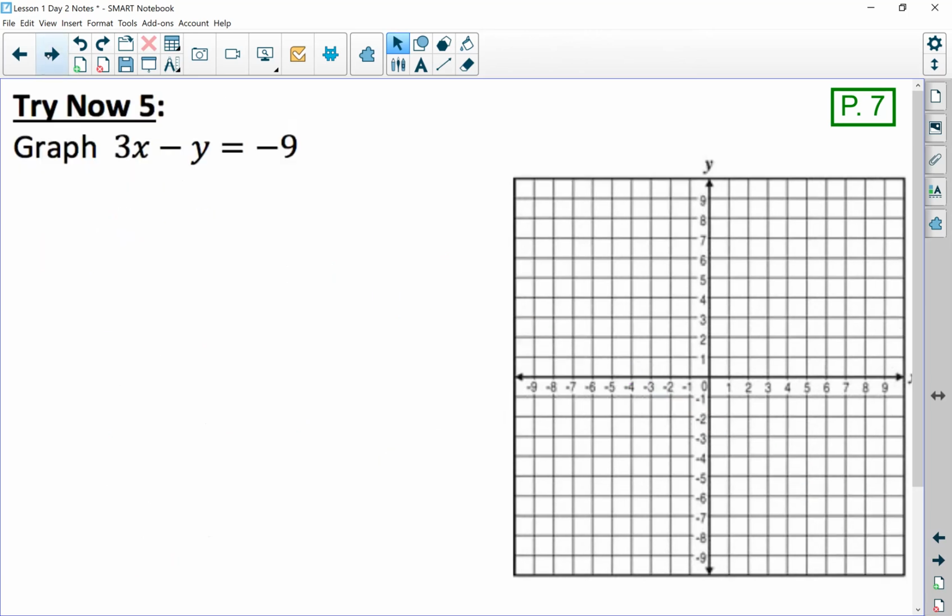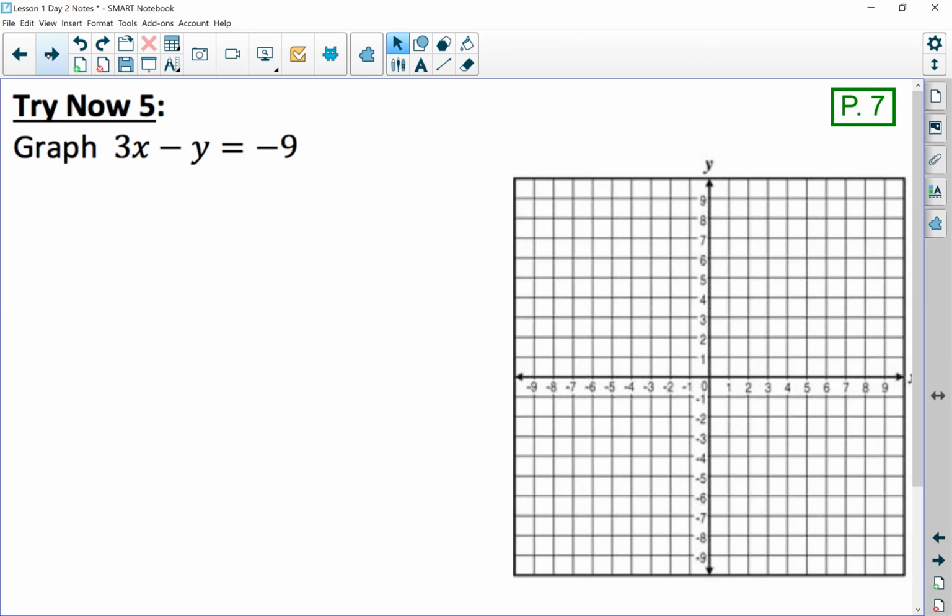All right, one for you to try on your own. Please pause your video and try this one. And then once you've got it, turn your video back on and check your answer. For this one, I would try actually solving it to get it in the y equals mx plus b form. You don't have to.